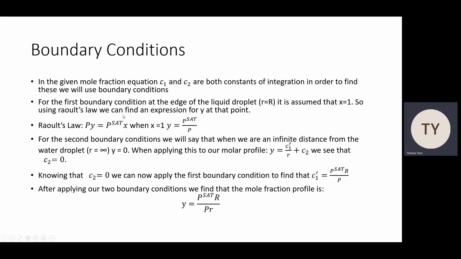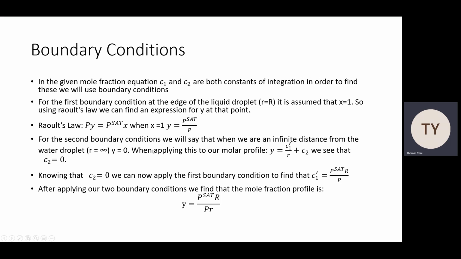So using Raoult's law, we can find an expression for y at that point. Here we have Raoult's law, and when x equals 1, we can find the vapor fraction of water to be Psat over P, where Psat is the saturation pressure of water at that temperature. For the second boundary condition, we will say that when we are an infinite distance from the water droplet, where r equals infinity, y equals 0.